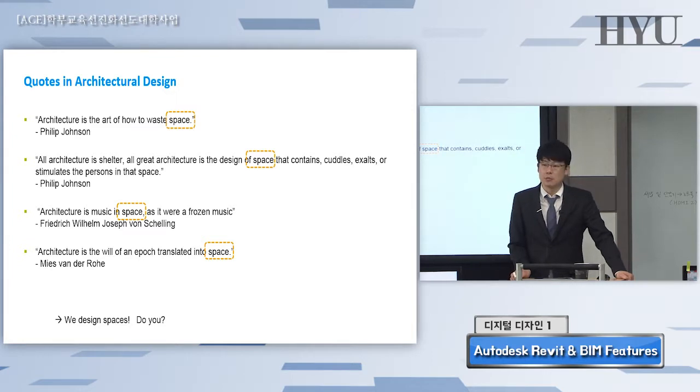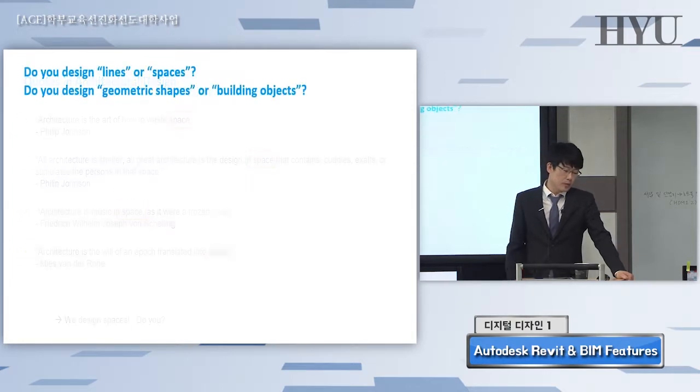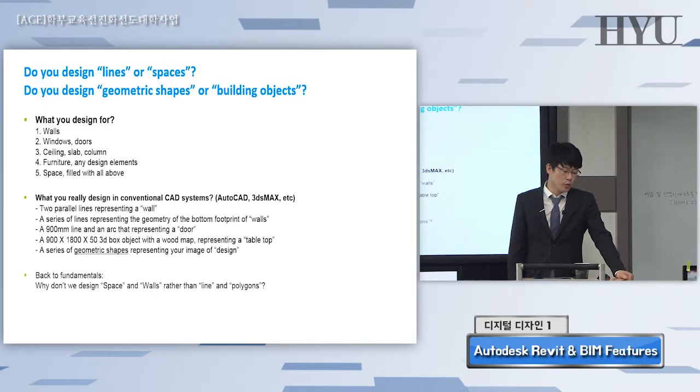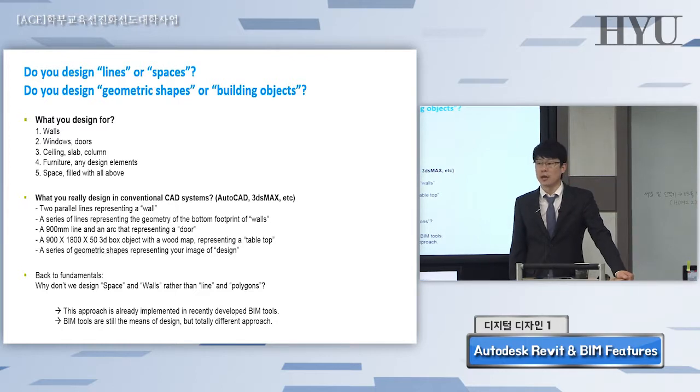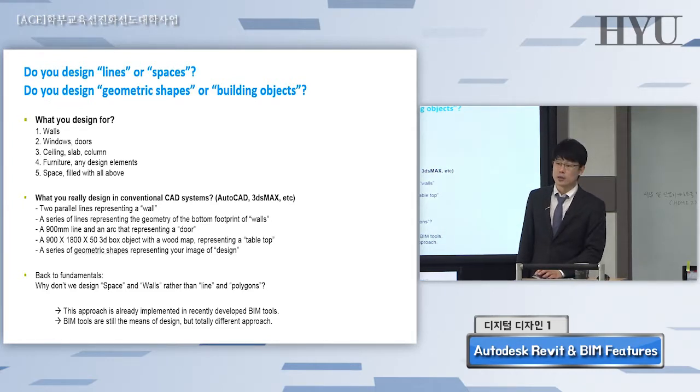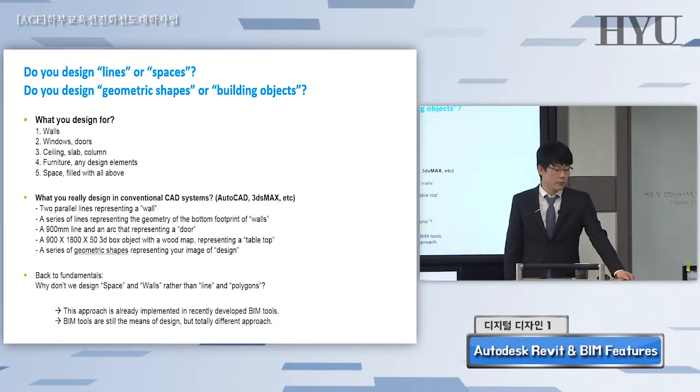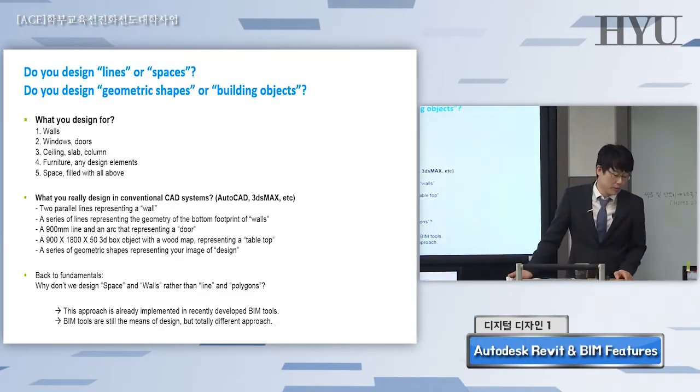But in a CAD system or conventional approach, it's not true, because we are designing building elements, architectural objects, and some furniture, tangible objects rather than void and empty space objects, using lines or geometric shapes. That's our conventional approach. But in the new era, using the building information modeling approach, we have to handle building objects, building elements.